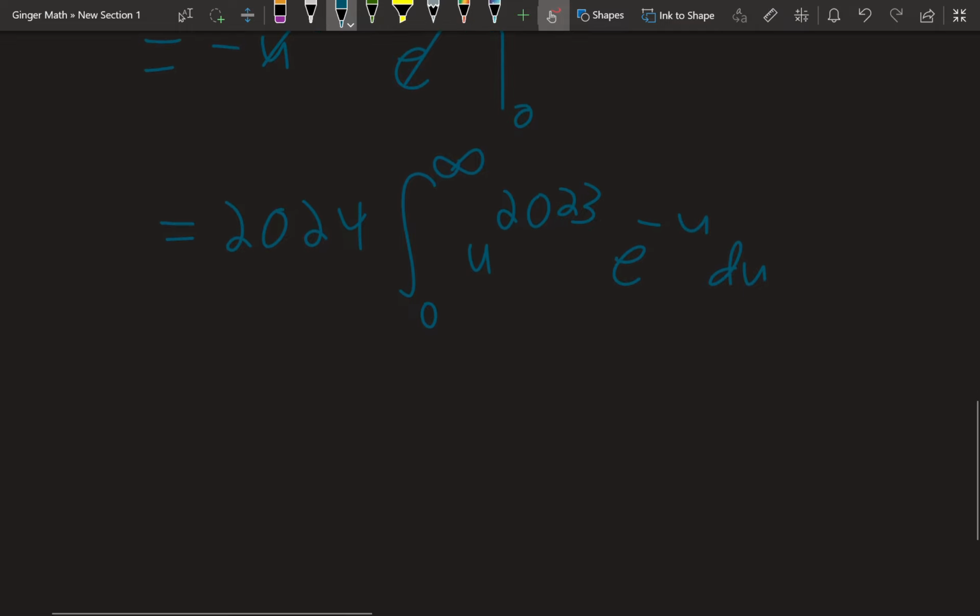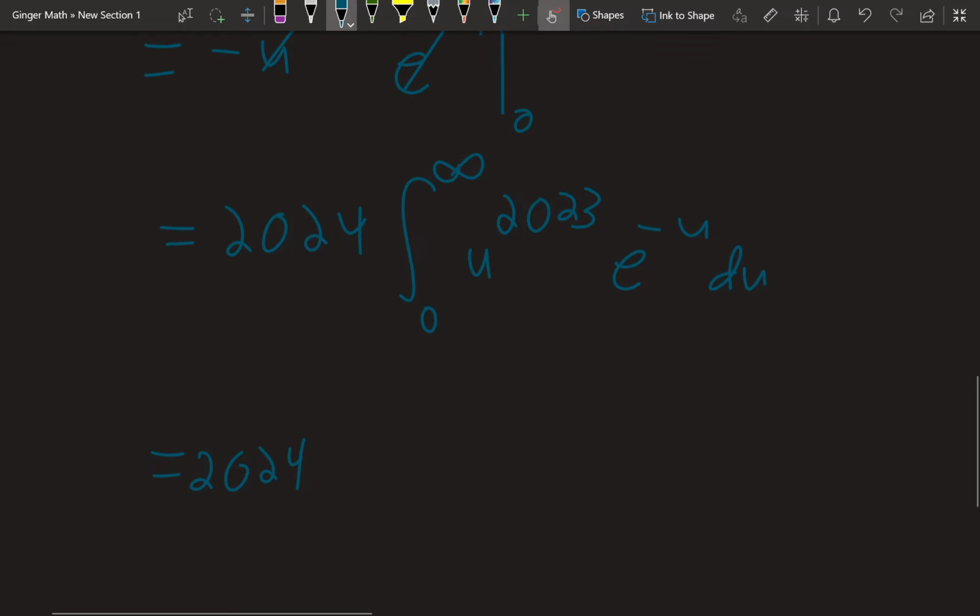So this is just going to be equal to, again, just integration by parts, 2024 times negative u to the 2023 e to the minus u, evaluated from 0 to infinity. Again, that's just 0, so we're just going to have our extra integral term here.